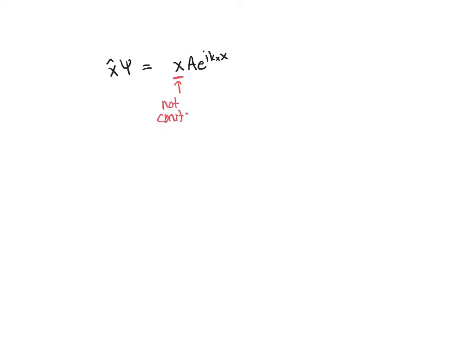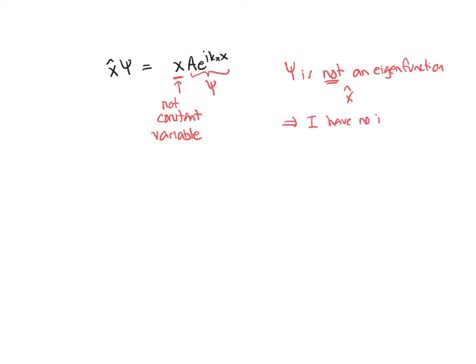It changes when x changes. And then I have my wave function back again. So psi is not an eigenfunction of the position operator, which means I have no idea what the position is.